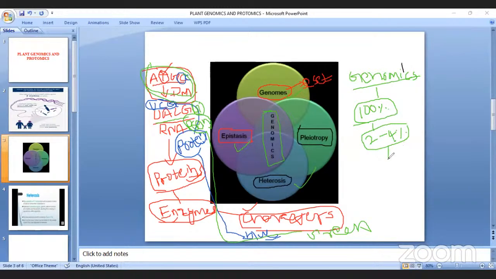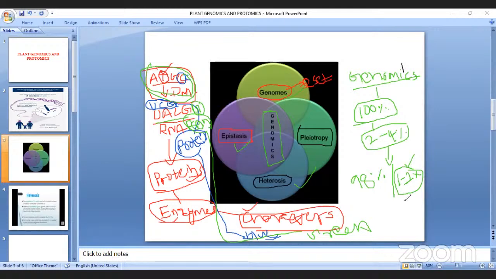Another point: in all individuals, almost 98% of the genome is similar, but the variation is only 1.2%. In genomics, we especially study this 1 to 2% only, not all.